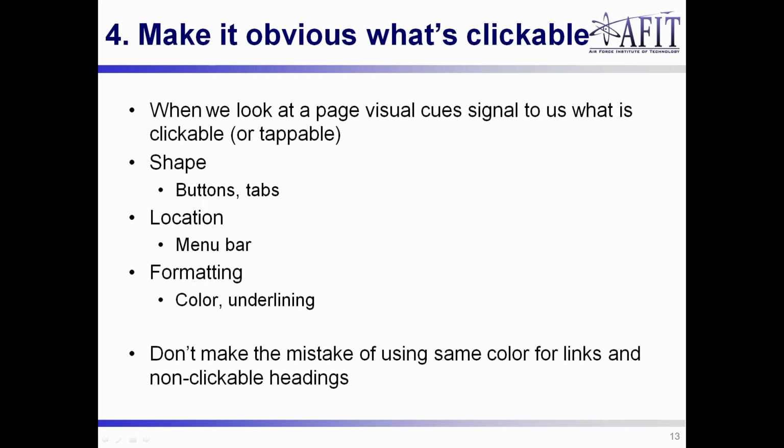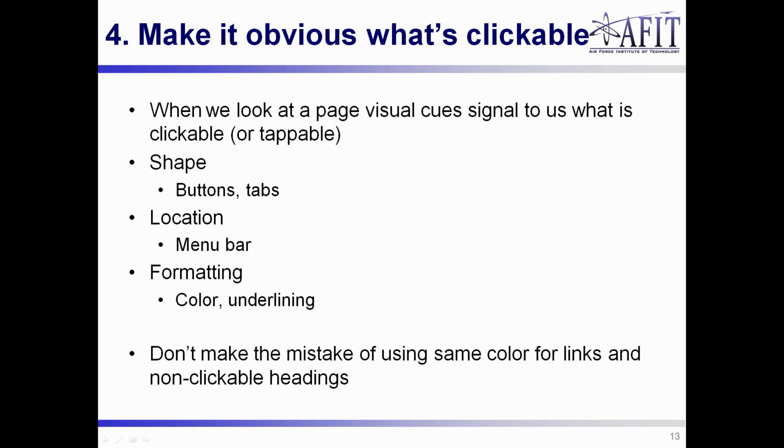We can use a shape, so the shape of a button, the shape of a tab, the location. So if we have a clearly defined menu bar, we'll know that, okay, if this item's in the menu bar, it must be a menu item and thus clickable. Formatting, especially with links, right? So color, underlining, these are cues that allow us to know what is and is not clickable.